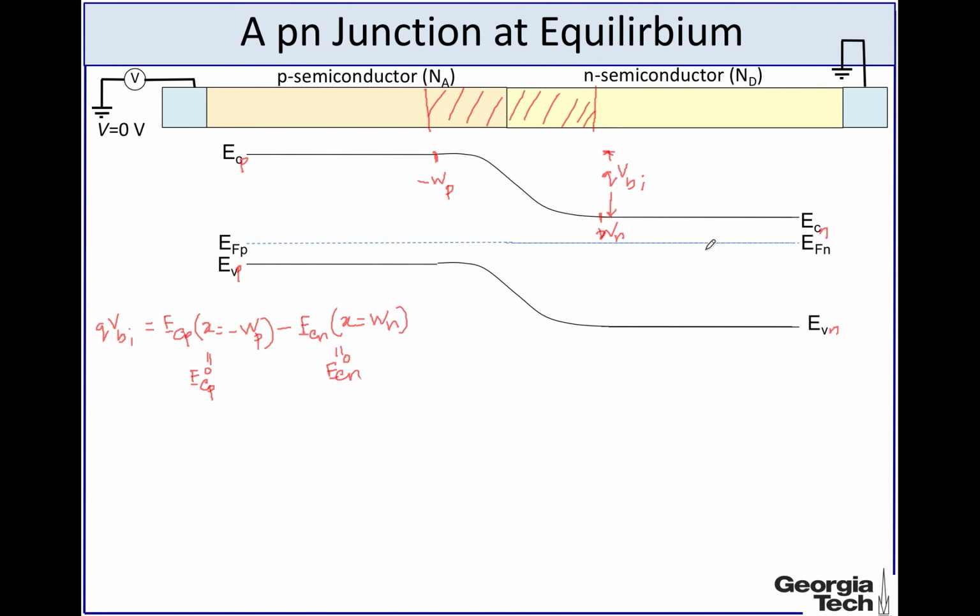ECN naught is the conduction band edge where the energy bands are flat outside the depletion region, and similarly ECP naught is the conduction band edge outside the depletion region where the energy bands are flat.